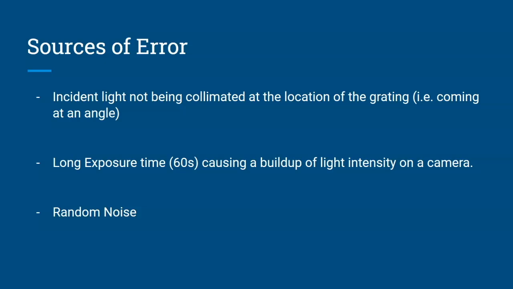wavelength reading. Also, another source of error we ran into was that we needed a long exposure time in order to actually read the peaks in the Raman spectrum. When we are integrating over 60 seconds of exposure time, it allows lots of background light to enter into the spectrum.